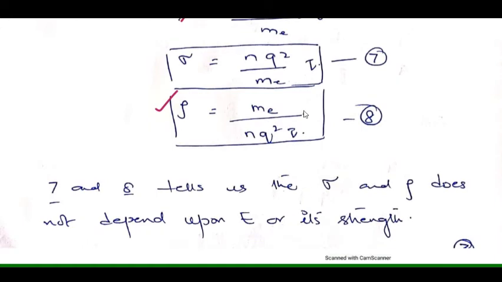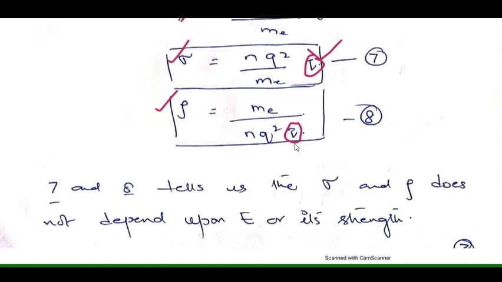What they depend upon is the relaxation time, or the time between two successive collisions, for conductivity. If the time between two successive collisions is greater, then obviously the value for conductivity will be greater.